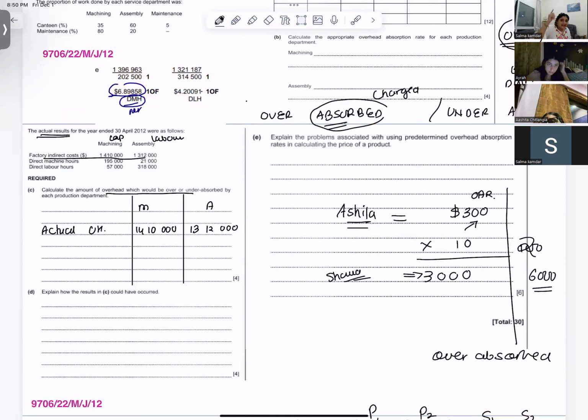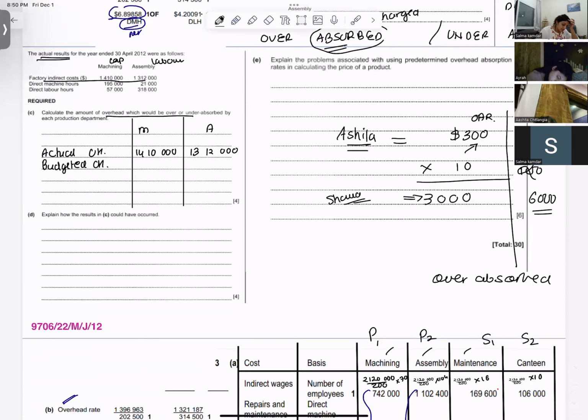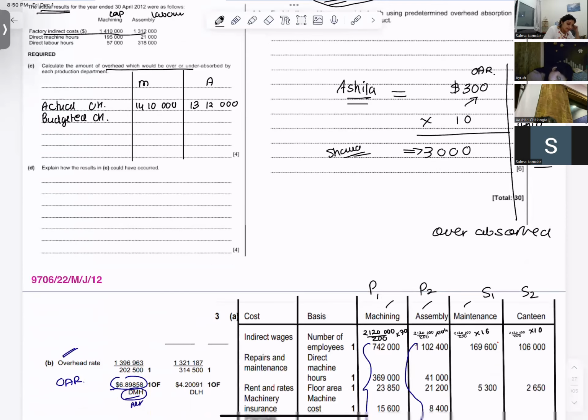But what I had estimated is that I will charge them $6.8985 per hour that they use. So my budgeted overheads. Okay, so my budgeted actual overheads was how much? Absorbed overheads.